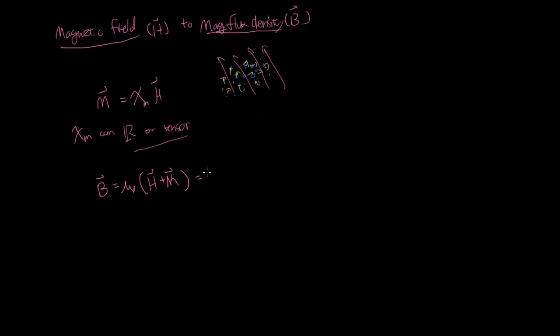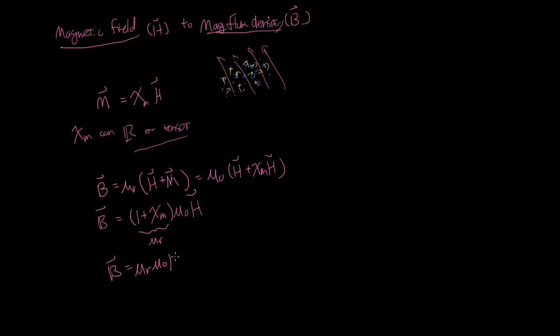If we plug in the definition of the relationship between the magnetic field and the resulting moments, the inside can be rewritten as H plus chi M H, and then we can pull out the H to get that the magnetic flux density B equals (1 plus chi M) mu naught H. In many cases, if it's not some super complicated tensor, but just a simple number, we can call this mu R, the relative permeability, so that B is equal to a unitless relative permeability, times the permeability of a vacuum, times H.